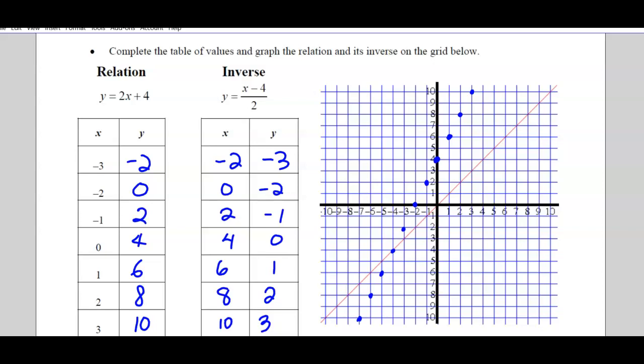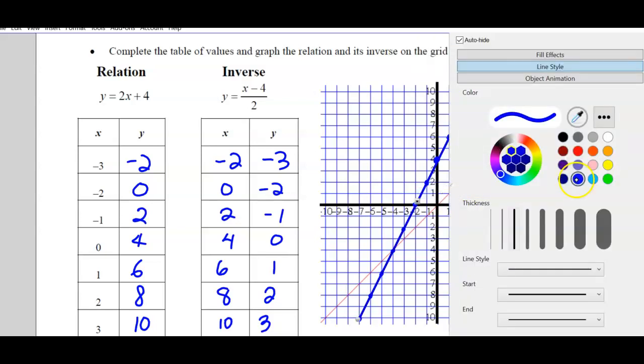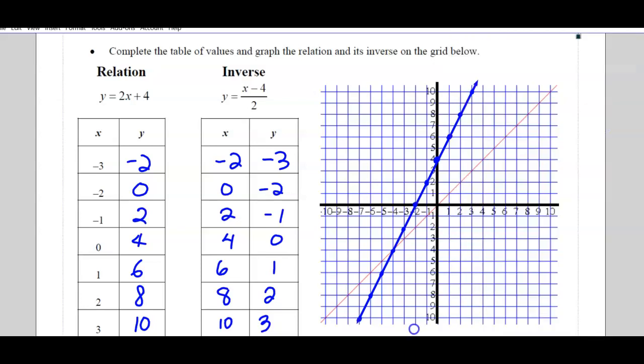If you're taking 2 points that are really close together, then maybe it's messing it up at the end. So I just keep plotting as many points as will fill in the graph paper. So that's my original.